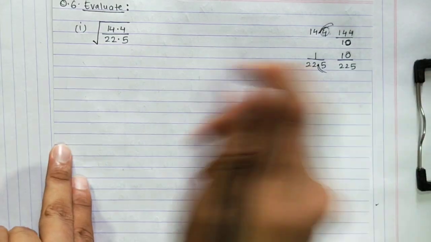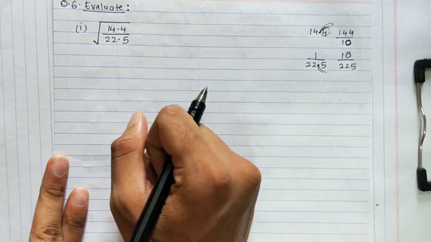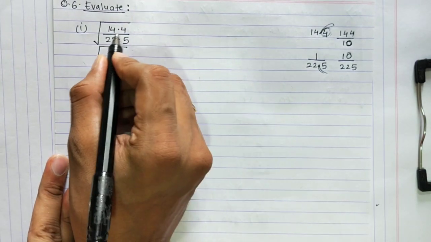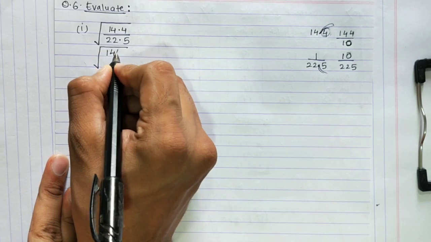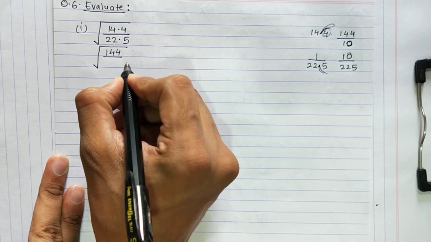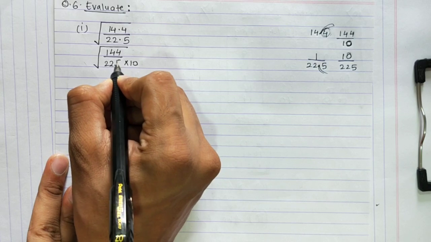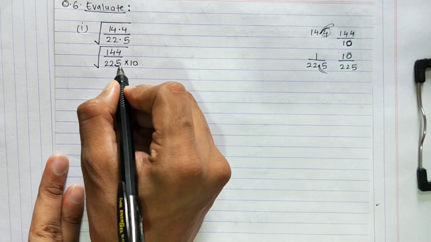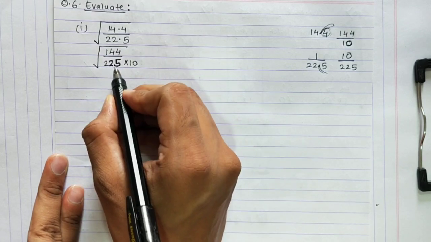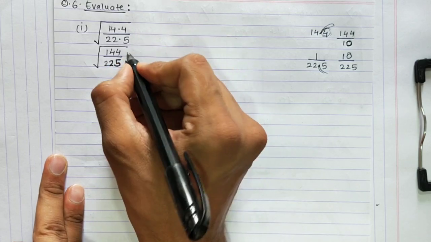In this case we have a point in the numerator as well as the denominator. So what will I do here? I will remove the point from the numerator and add a 10 in the denominator, and I will remove the point from 225 also and add a 10 in the numerator.